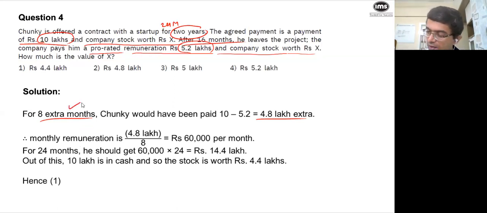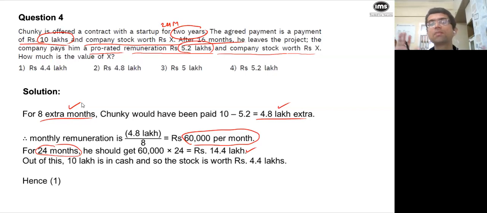So for 8 months, 4.8 lakhs, that means per month he would have received 60,000 rupees. 4.8 is 10 minus 5.2. So for 24 months, in the normal course, he would get paid 14.4 lakhs, that is 24 into 60,000.